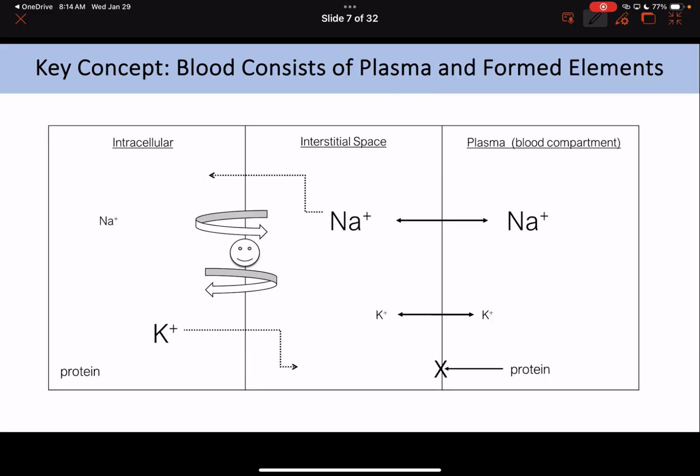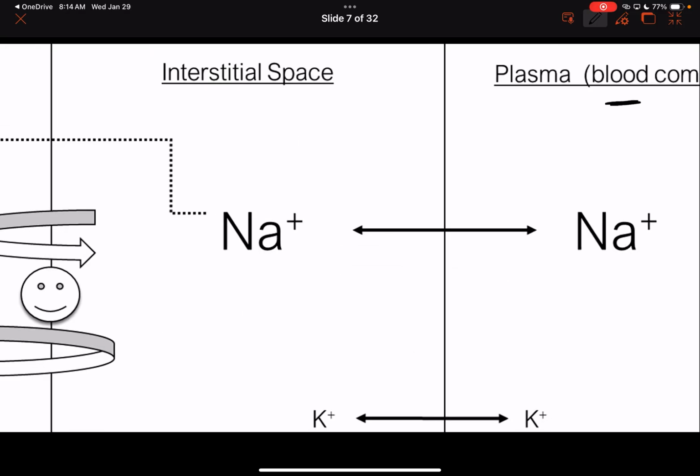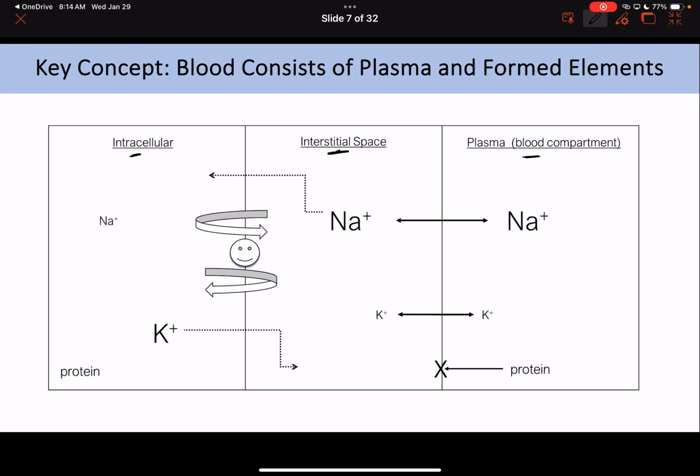So here are three fluid compartments again. We have our intracellular fluid, which is within the cell. We have our plasma, which is within our blood vessels or intravascular. And then we have this interstitial space or interstitial fluid that's in between those two other compartments. And so, can anybody tell me what the barrier is between the intracellular space and the interstitial space?